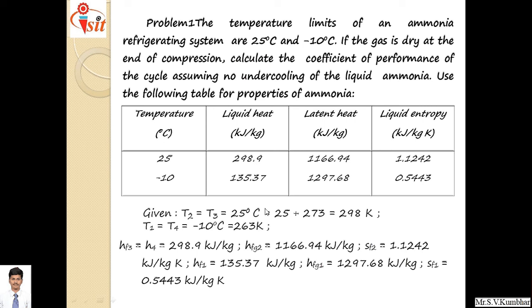HFG2 is 1166.94 kilojoule per kg. SF2, the liquid entropy, is 1.1242 kilojoule per kg Kelvin. HF1 is 135.37 kilojoule per kg, given in the tabulated form. So try to write down the given data. We have to calculate the coefficient of performance, that is COP.